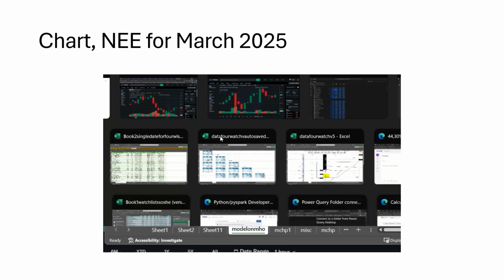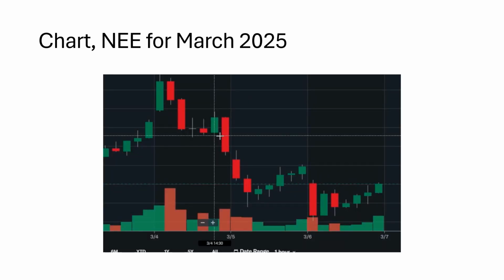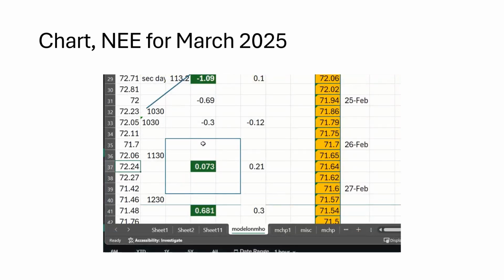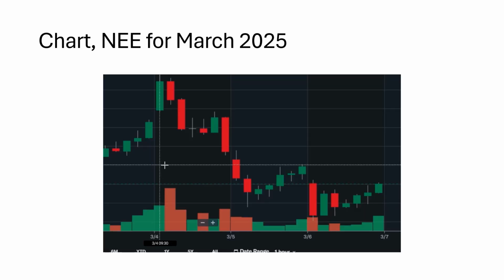So going over to my chart, 4th of March, 72.24 around 11:30.